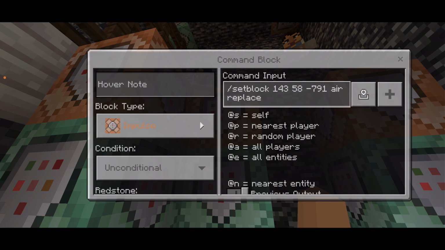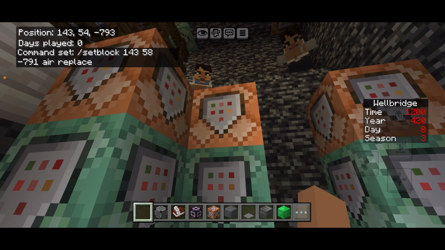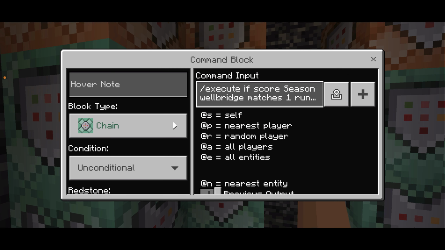So we've already done the first one. Now, the second one is going to be a chain, unconditional, always active.